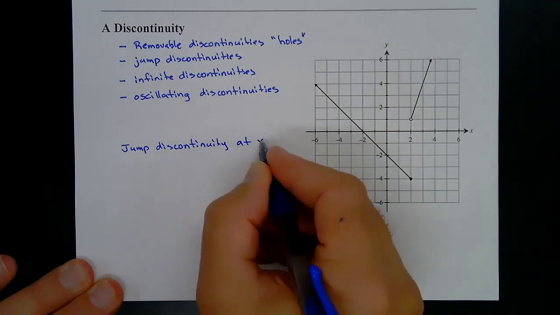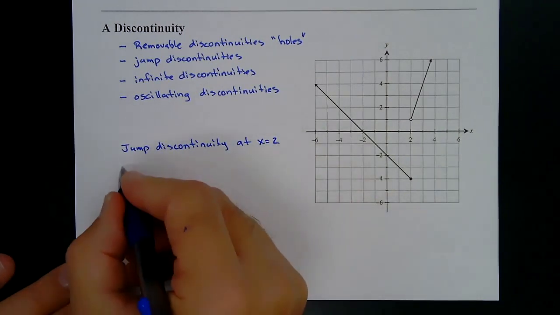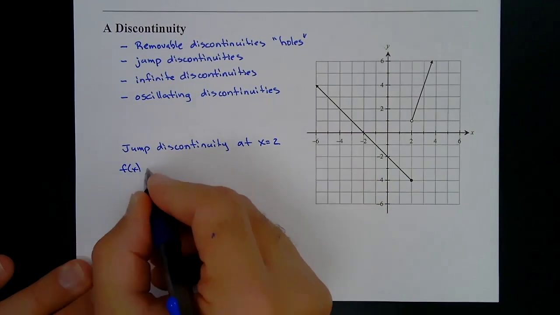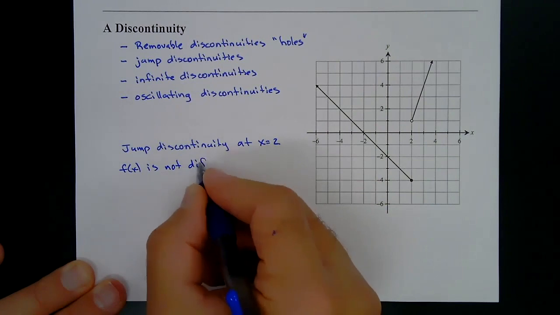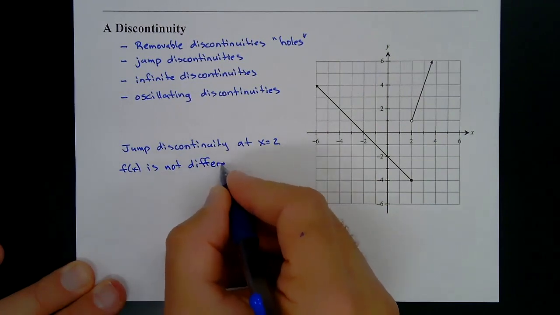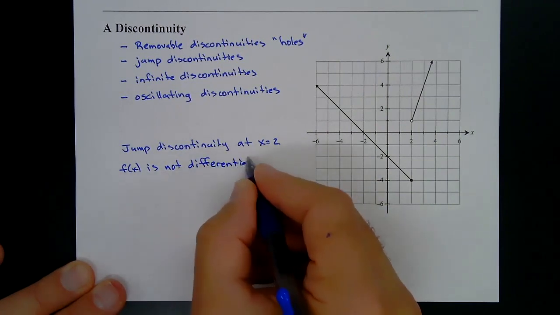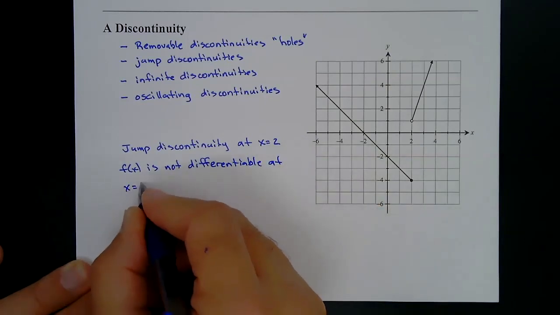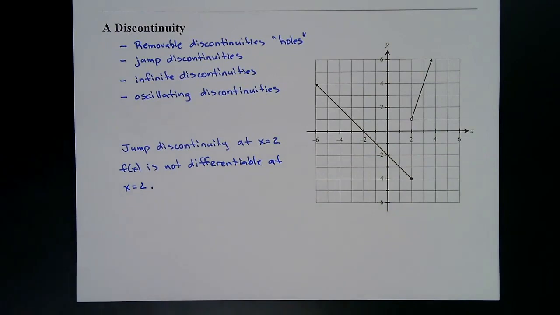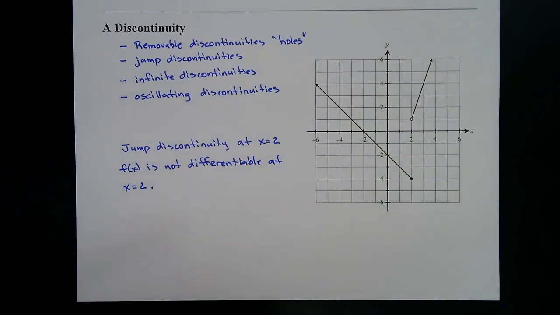So f of x is not differentiable at x equals 2. And that would be enough to say that this function is not differentiable here at this value.